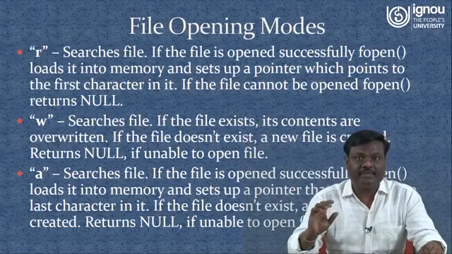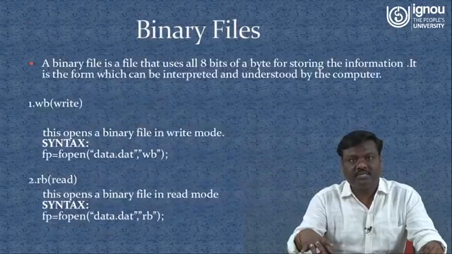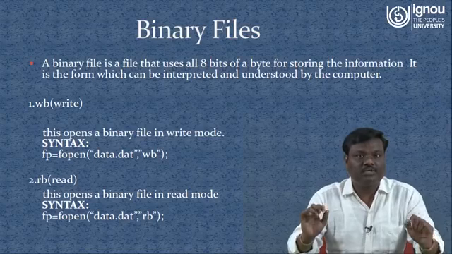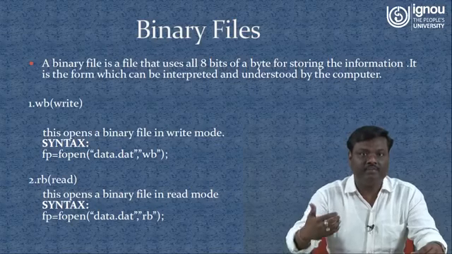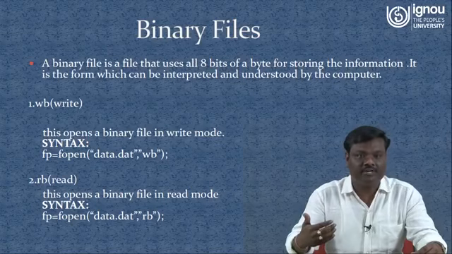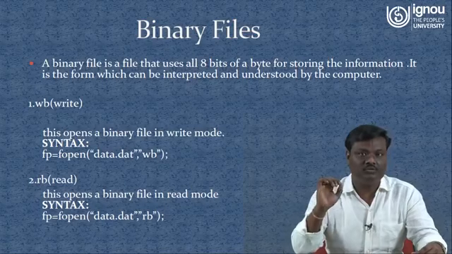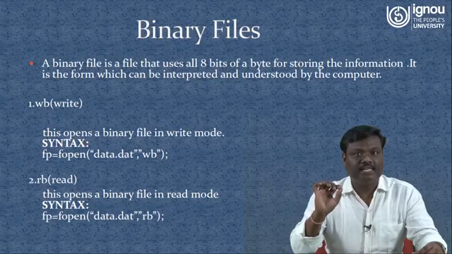But in case of a binary file, you have to specify WB within double quotes. Whenever you want to read a binary file, write a binary file or append something to a binary file, you have to include one character, B, along with the mode in the second argument of the fopen function.